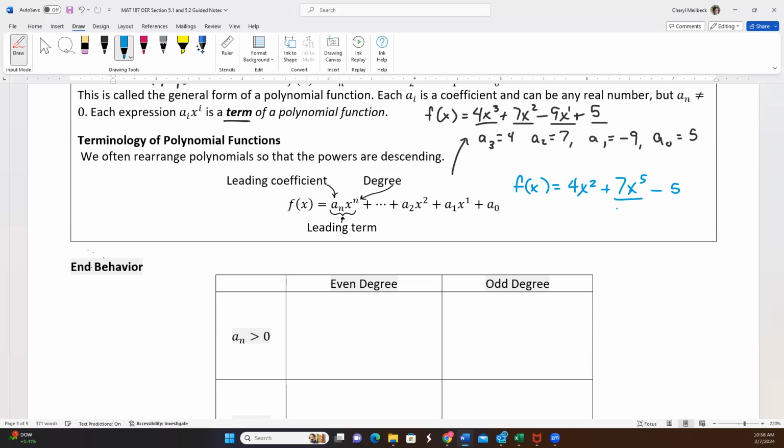This would still be our leading term because it has the highest exponent. The degree of the function would be 5. The power or degree of the function is 5, and the leading coefficient is 7. We will refer to these, so it's good for you all to know what we're referring to when that happens.